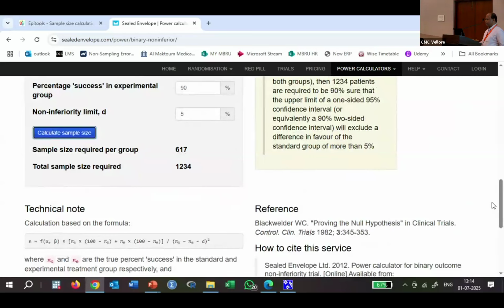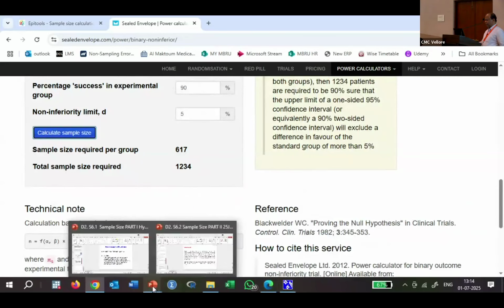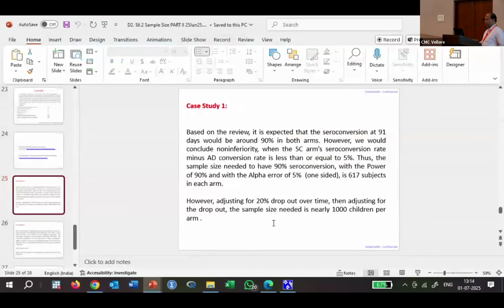So let us look at what we have got from the study. Do you understand? This is published in the New England Journal of Medicine. The picture is also given.